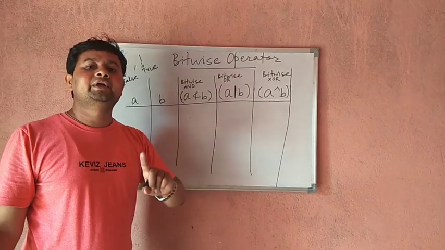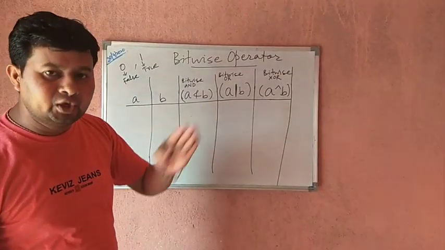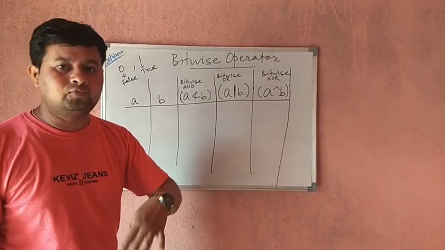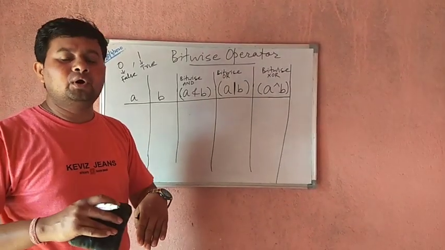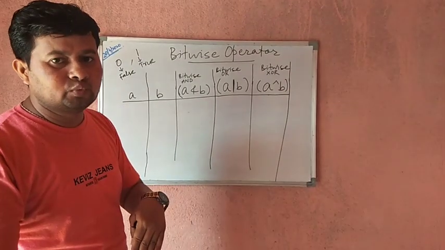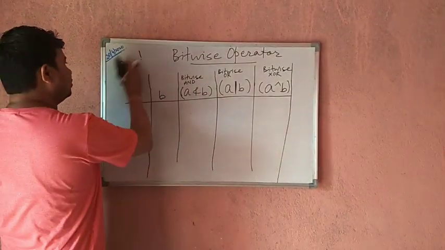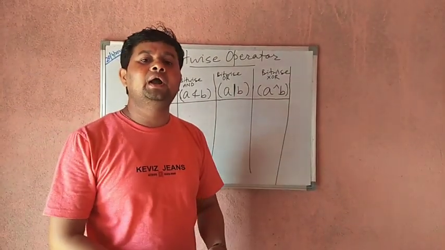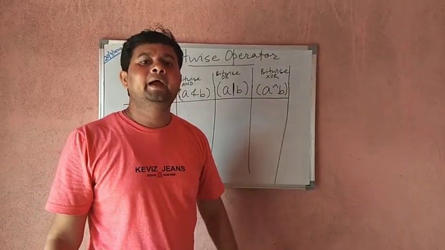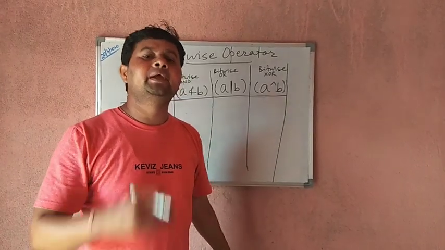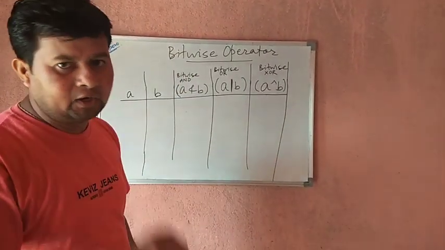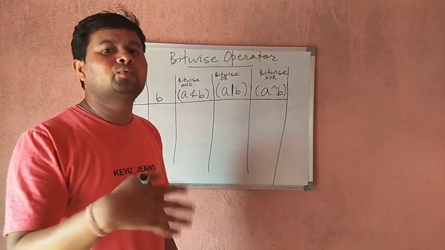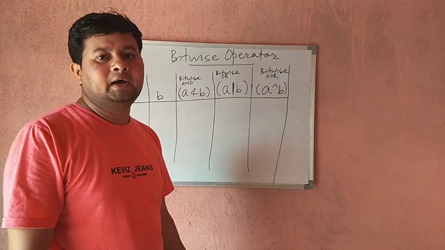A truth table is the representation of binary input in the form of 0 or 1, or true or false, and based on the operation it will produce one output. Maybe you are giving 2, 3, or 4 inputs, it will have only one output.